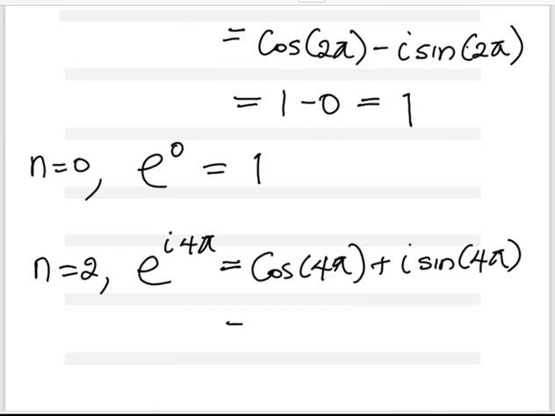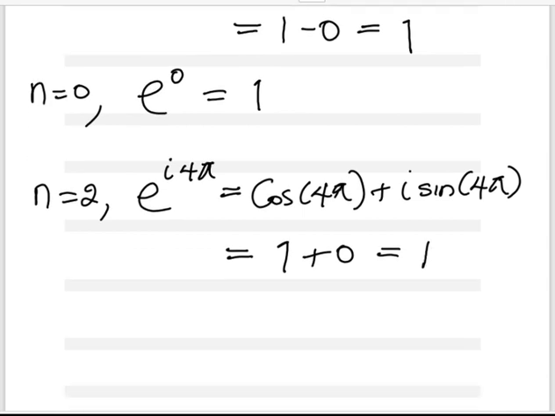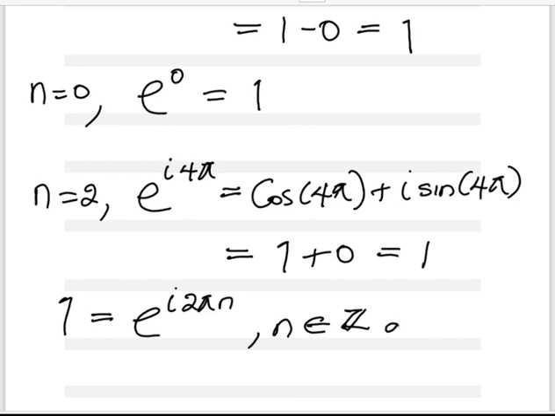Cosine 4 pi is simply 1, sine 4 pi is 0, and this is 1. So clearly we can say that 1 is equal to exponential i 2 pi n, where n is just integers and 0.